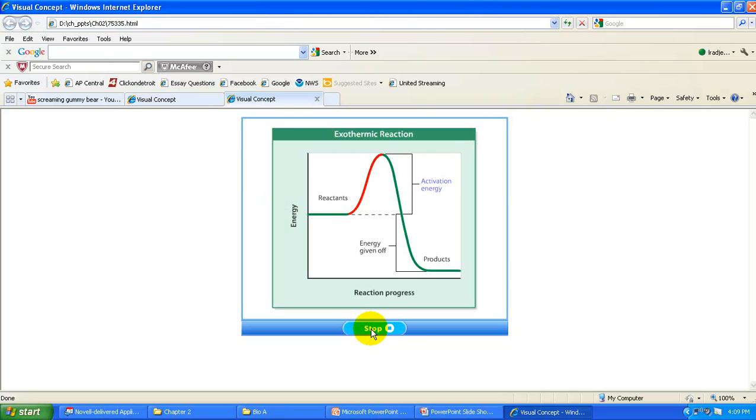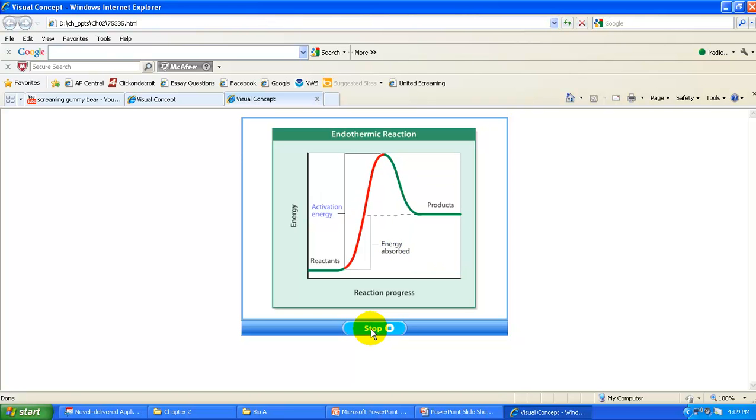Exothermic reactions require activation energy to start, but eventually release more energy than they consume. The energy given off as the product forms supplies the activation energy needed for the reaction to continue. Endothermic reactions require a great deal more activation energy. Although they also release energy, it is not sufficient to sustain the reaction without continuing to add activation energy.